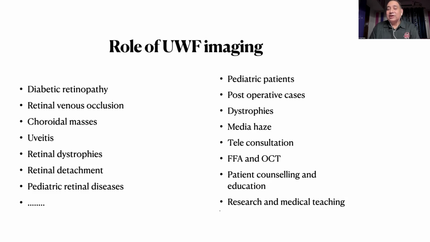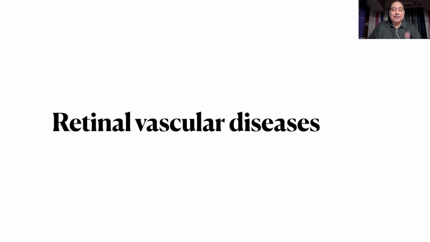We now know that we have a lot of information in the peripheral retina as far as fundus fluorescein angiogram is concerned, and more evidence is coming up for the peripheral OCT features which we can identify. It can definitely be used for counseling and education, and it's a very valuable tool as far as research and medical teaching is concerned. Let's see its role in various diseases, and let me start with diabetic retinopathy, retinal vascular disease.